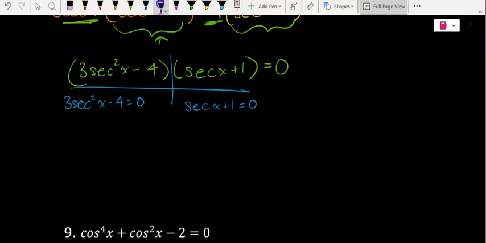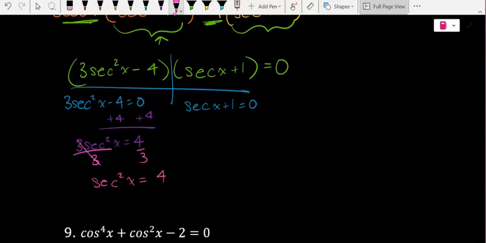So in this left case here, I'm going to add 4 to both sides. And that gets me 3 secant squared x equals 4. I'm going to divide by 3 on both sides. And so that gets me secant squared x equals 4 over 3.